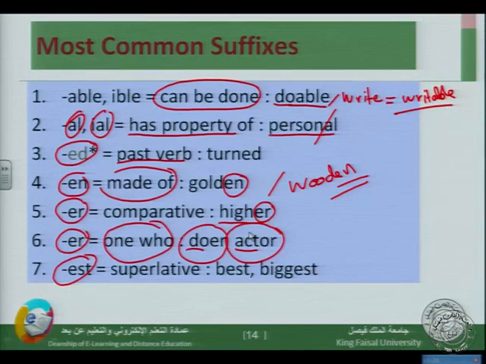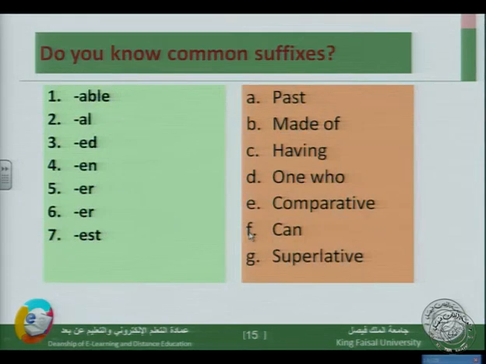Finally, we have here the est, and it's used for the superlative form of an adjective, and we have already discussed this in the last few classes. Est, like good, best. The superlative form of good is best, and big, biggest. Let us move and do the following exercise. Able gives the meaning of can, like capable.